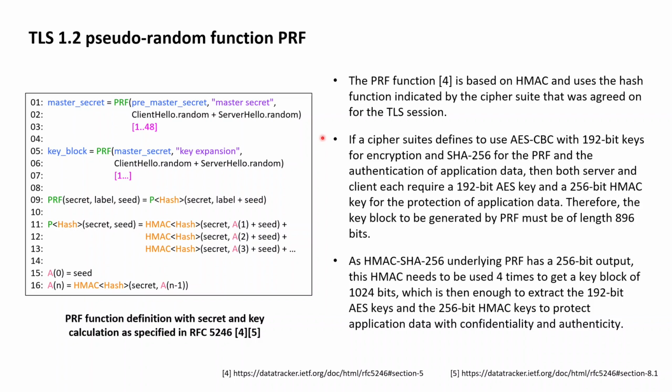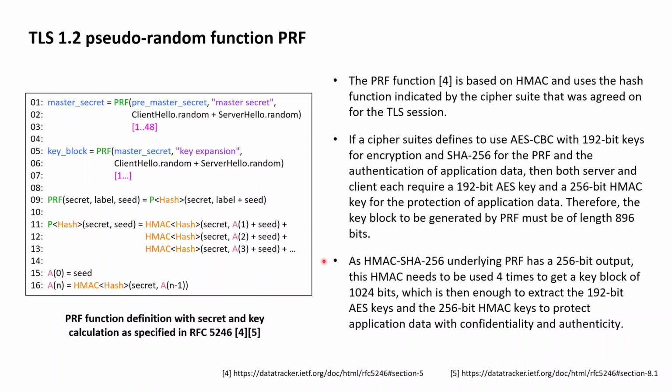The PRF function then uses HMAC SHA-256, and as HMAC SHA-256 produces 256-bit outputs, PRF needs to iterate HMAC SHA-256 4 times in order to get a key block of length 1024 bits.